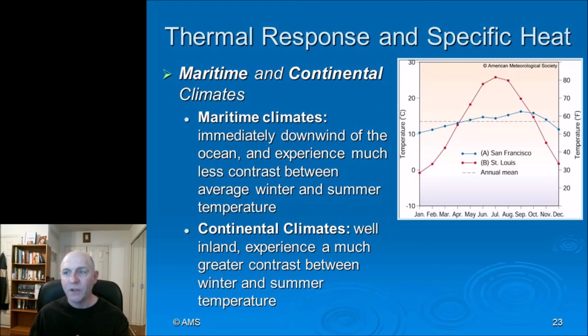Continental climates, you do get that. All right, well inland, and you get a much greater contrast between the hottest hot during the summer and the coldest cold during the winter. We see a little of that, what's going on right now, this being February of 2021, where there's this massive polar outbreak of the southern plains that's all the way down into Oklahoma and Texas.